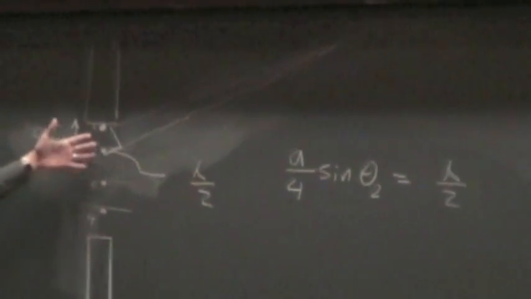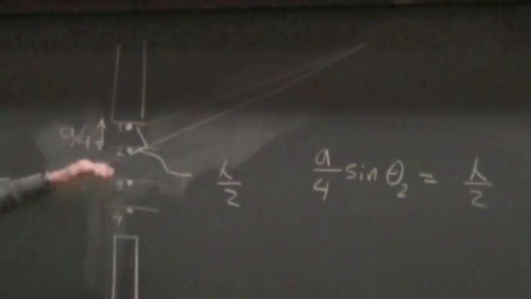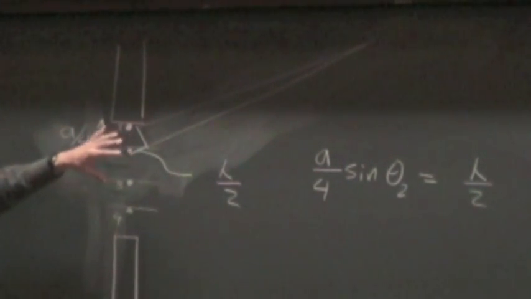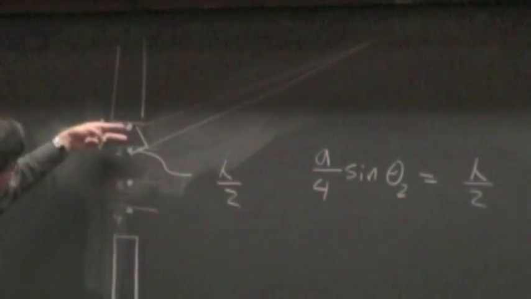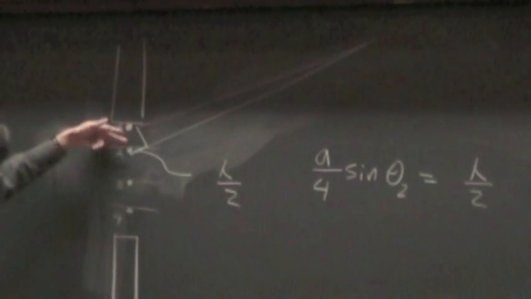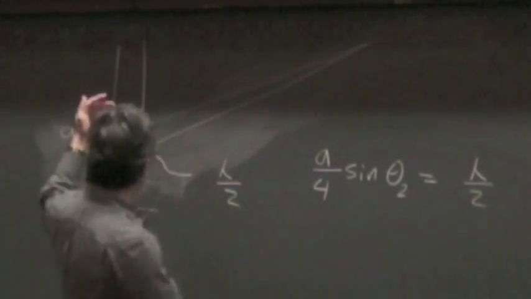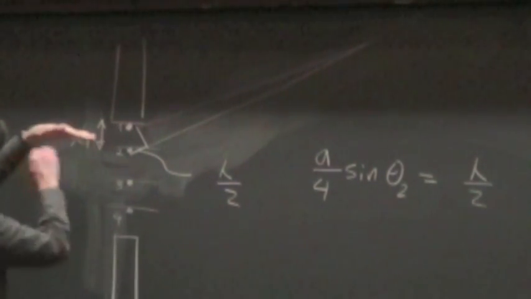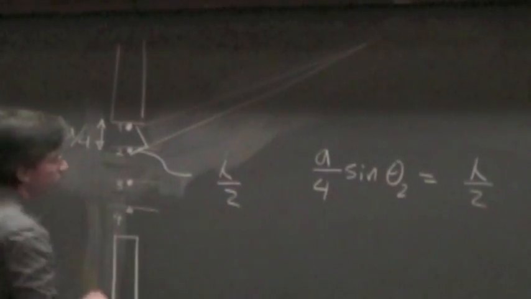And if it applies for dividing this slit into 4 sections, I can divide it into 6 sections, and then do the same thing. Little pieces in the first section cancel with the next one, and so on and so forth. So you can do it for any even number of divisions of the slit.